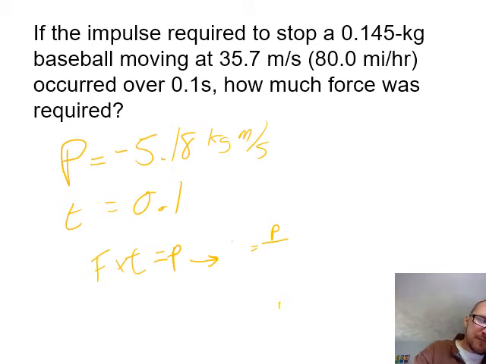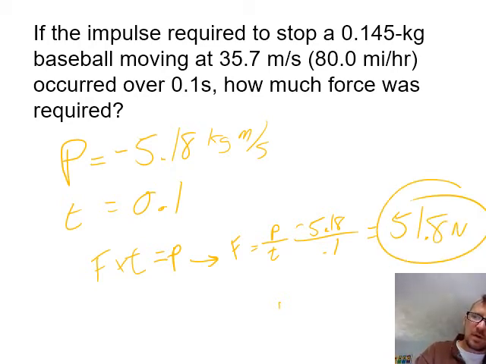Force equals momentum divided by time. 5.18 divided by 0.1 should be 51.8 newtons of force, negative, because it was acting to stop the baseball. So that's the basic form of an impulse problem.